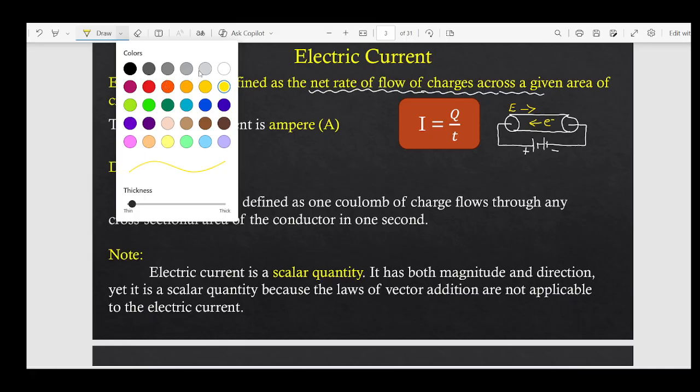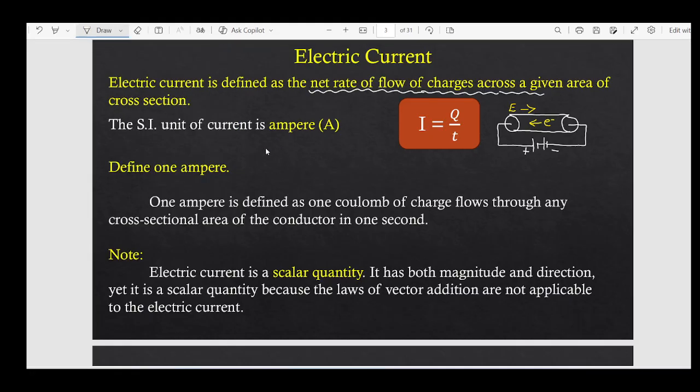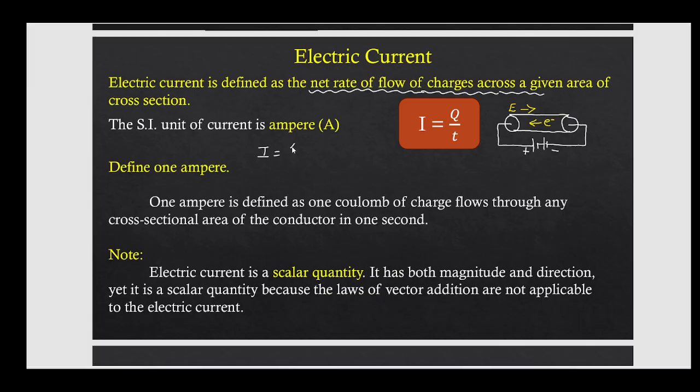Now if you want the average current, we can write I is equal to delta Q by delta t, and if you want the instantaneous current, we write it as dq by dt. To find out charge, we can write Q is equal to the integration of I dt.